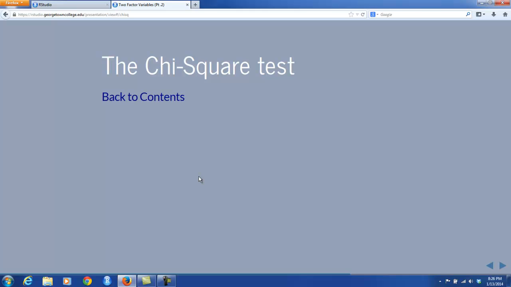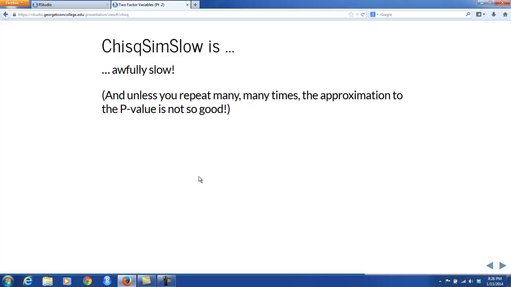Now, this way of thinking can be formalized in a process we call the chi-square test. Let's learn about this formal process. I'd first like to point out that the chi-square sim slow app is, when you think about it, a pretty slow way to get a p-value, because you have to repeat it many, many times in order for your proportion of times that the chi-square statistic exceeds the one you observed to be a good approximation to the probability of the chi-square statistic exceeding the one that you got.